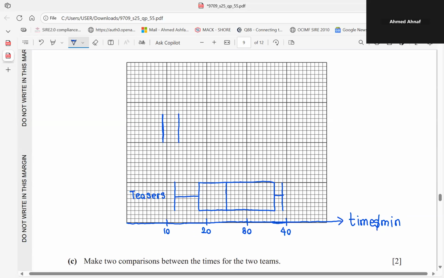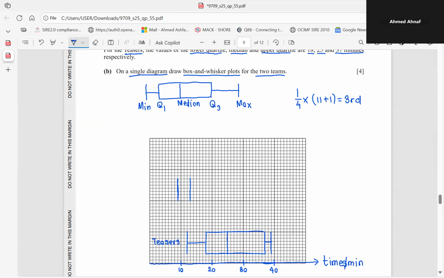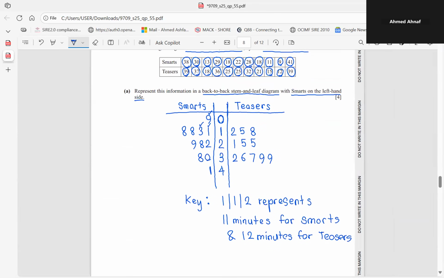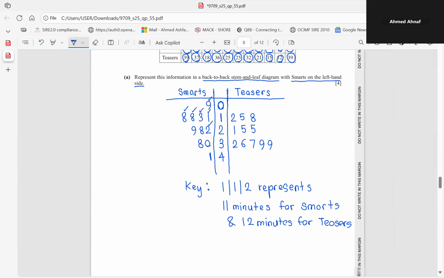So this is lower quartile, now the middle quartile. To find that, take half of 11 plus 1. So get the sixth position. And for the upper quartile, you take 3/4 times 11 plus 1. You'll get the ninth position. So the sixth position is 1, 2, 3, 4, 5, 6. So that's 22.